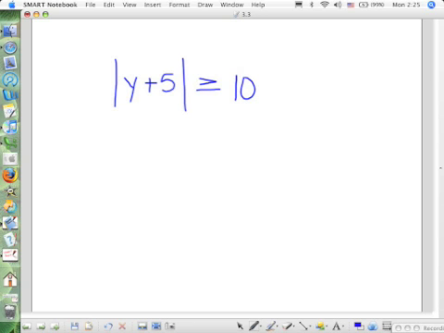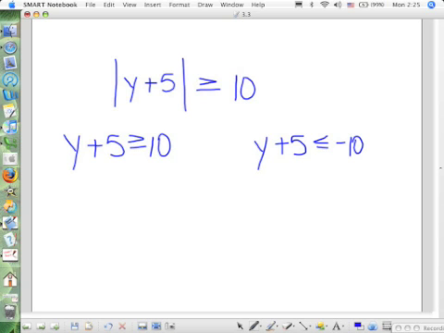First thing you got to do is in the setup process. Remember with solving these things, we said isolate your absolute value brackets, then set up two new inequalities. One of them just like it is, and the second one, you flip the inequality and you change the sign.